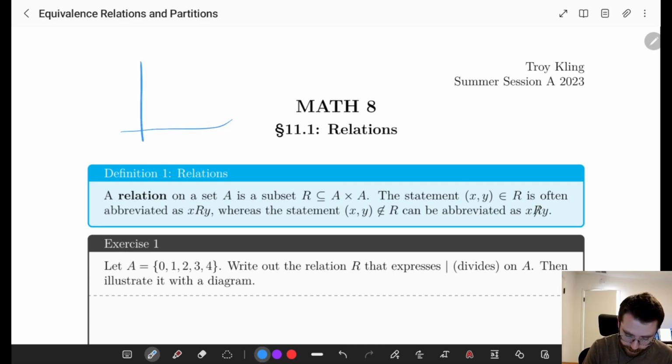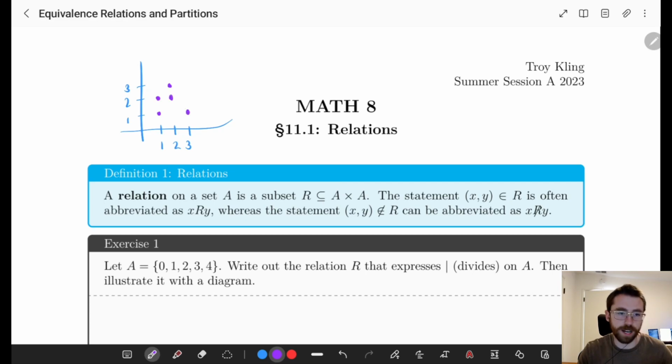Something along the lines of, if A is the set 1, 2, 3, then A cross A looks something like this, and a relation on this set could be any way of highlighting ordered pairs within A cross A.